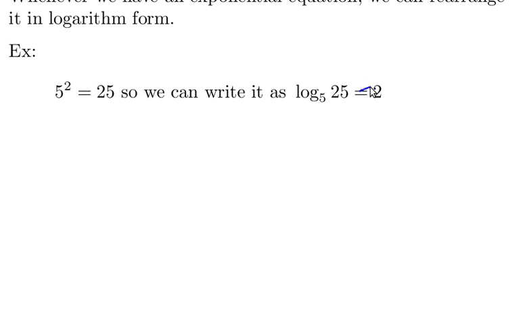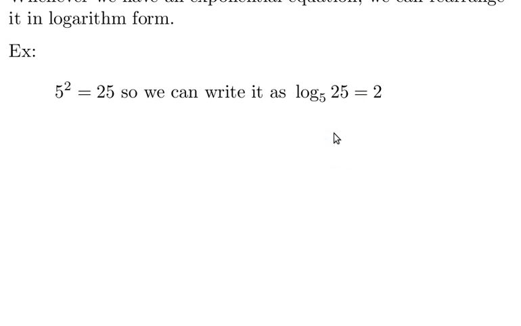Let's say we don't know what the right side is. We're looking for a solution to 5 to the power of x equals 25. Well, we know there can only be one number where that works, and that's going to be 2. So x equals 2. And that's the definition of logarithm. The logarithm is the solution to this equation.